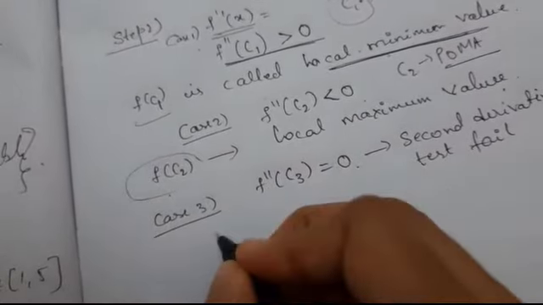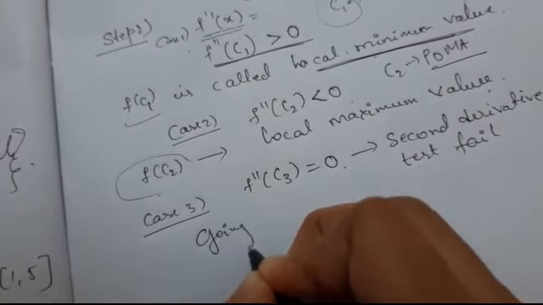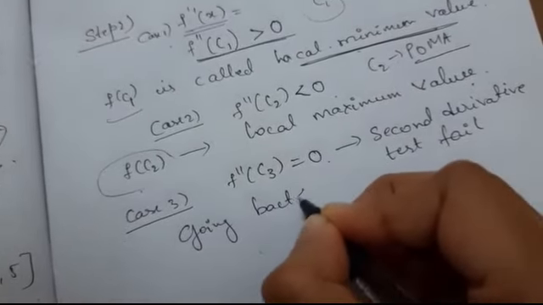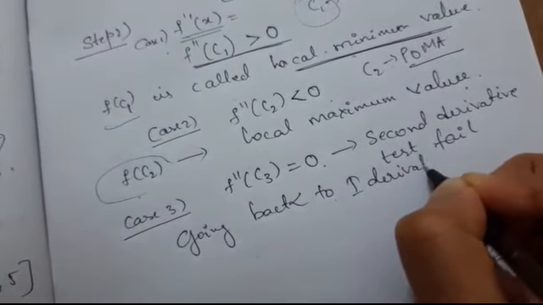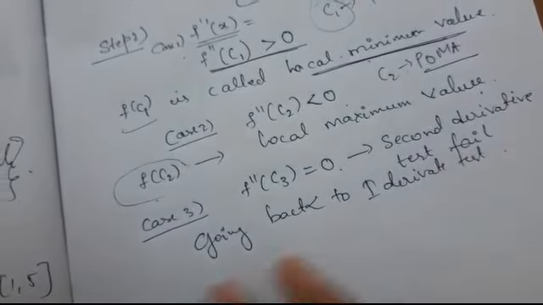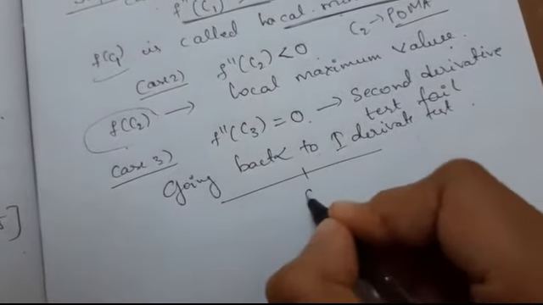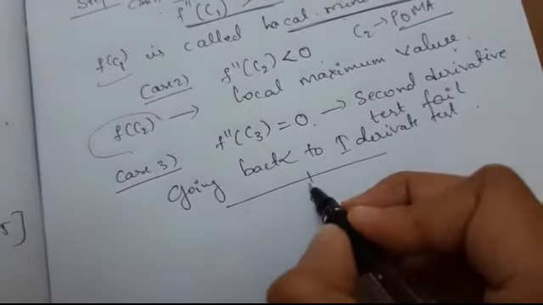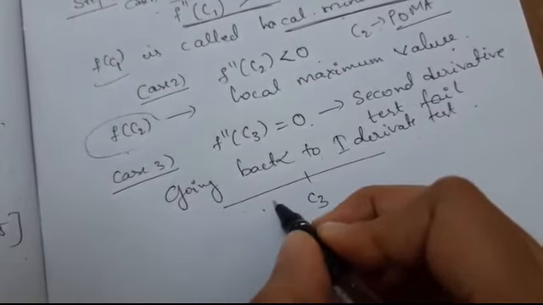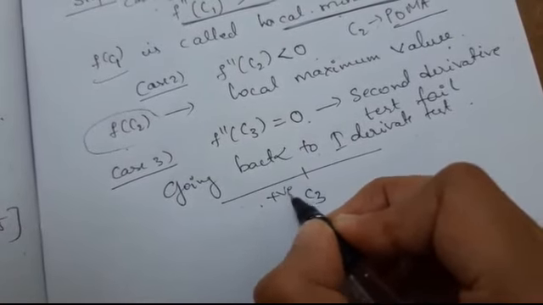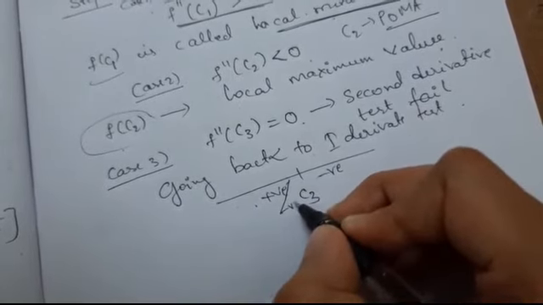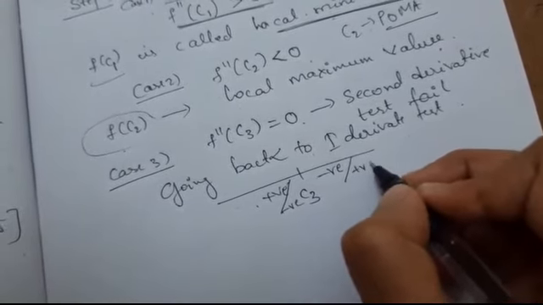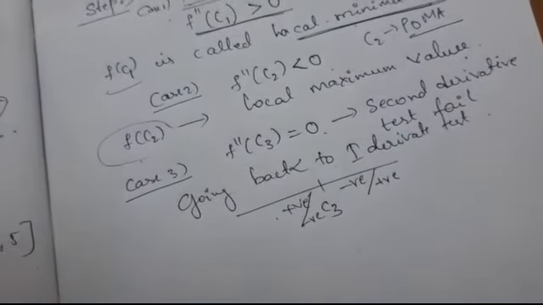Then again we are going back to the first derivative test itself. Going back to the first derivative test means plotting that C3 upon the number line, checking towards the left of C3 whether the function is increasing or decreasing, and towards the right also, whether f dash of x is positive or negative.